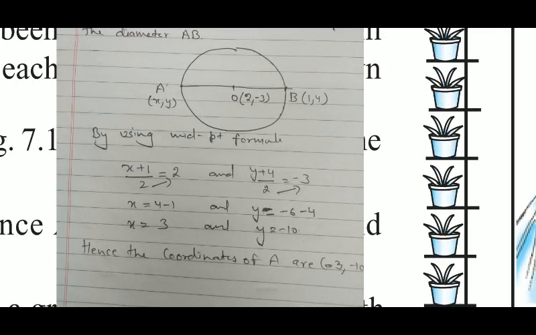Now put the values of A, B and O, and after putting the values we get (x + 1)/2 equals 2 and (y + 4)/2 equals -3. After simplification, you can see the value of x is 3 and the value of y equals -10.